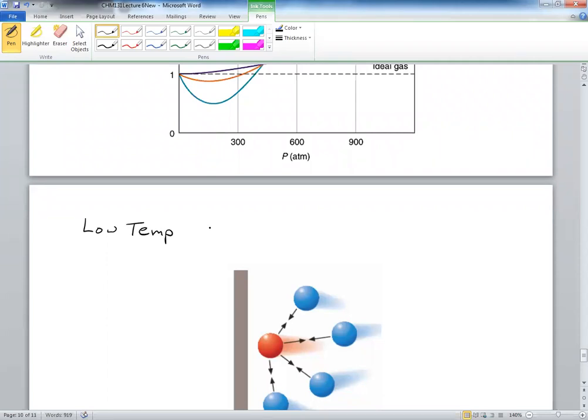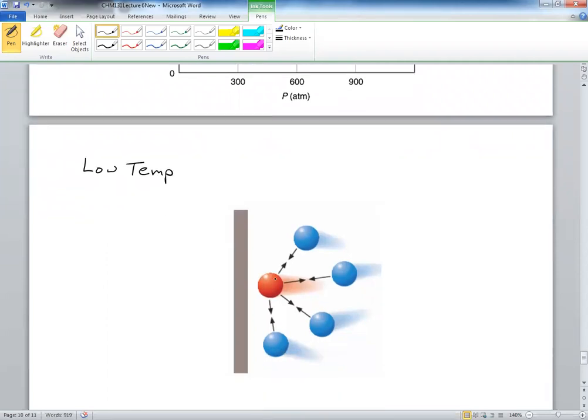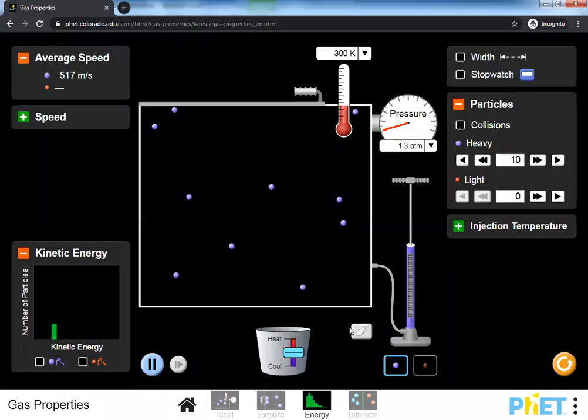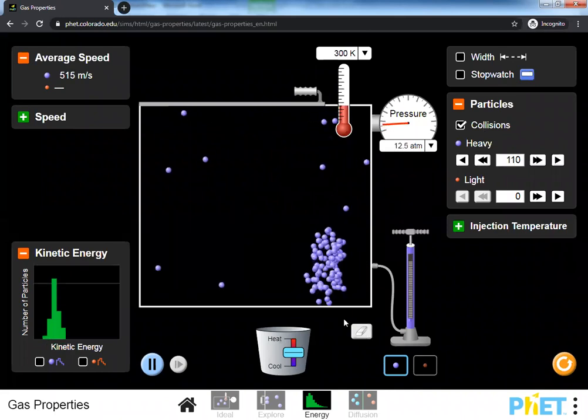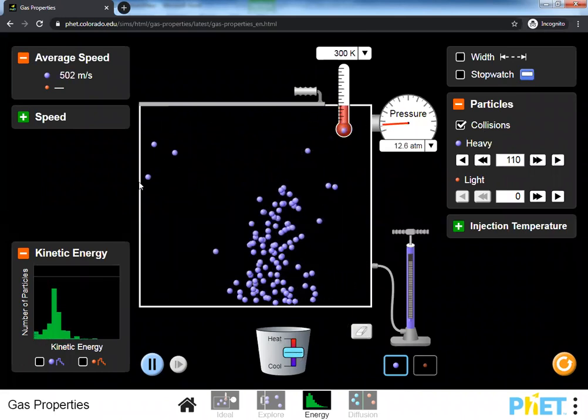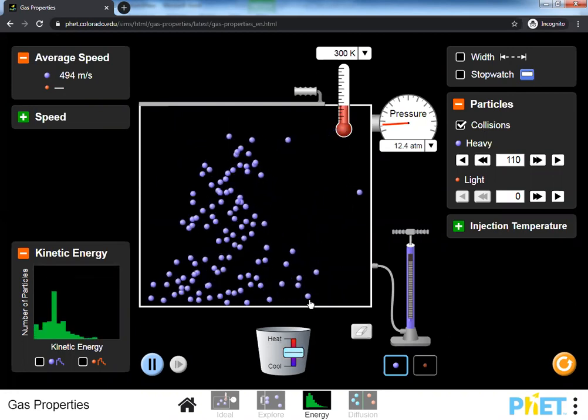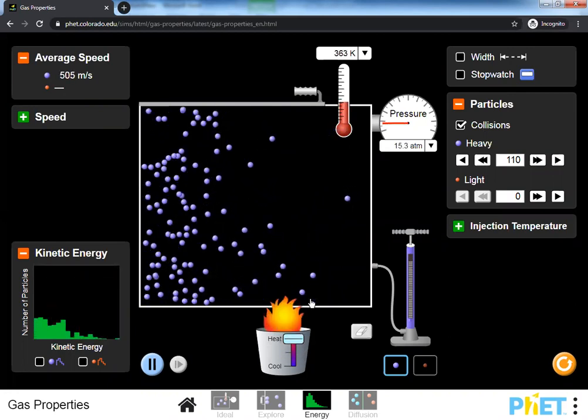Think about it. When things are moving very fast, I'm going to show you back here. When things are moving very fast, let's increase the temperature.